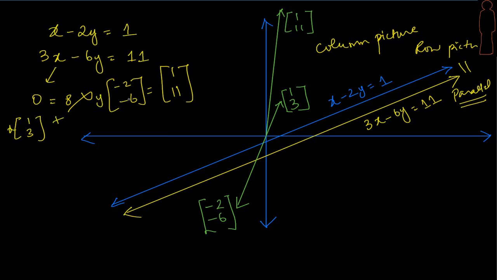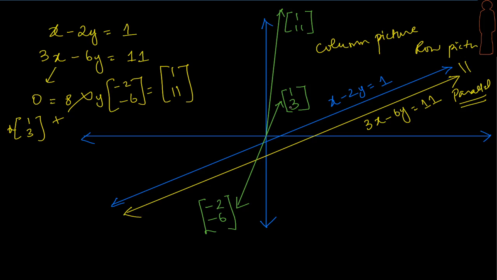So you look at 1, 3 and minus 2, minus 6, and there is something interesting that's happening. We find that they are falling on the same line, or if we want to say, they are just in opposite directions, and any linear combination of such vectors can only produce vectors on the same line, and this is what we had seen much earlier. And therefore, what does it say?